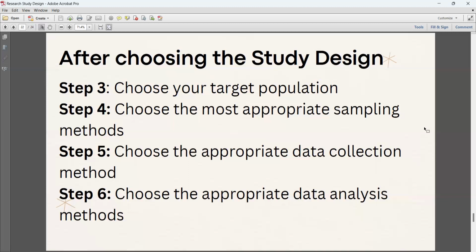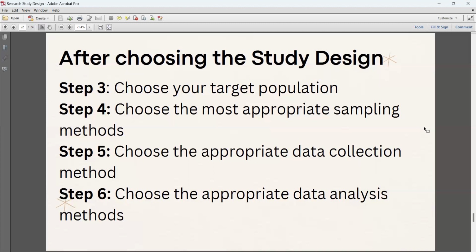Choose the appropriate data collection method. Now that you know your design, what is the appropriate data collection method that you should use? For instance, a descriptive cross-sectional study gives you a clue that we should have quantitative data collection methods, in case your objectives are quantitative in nature.